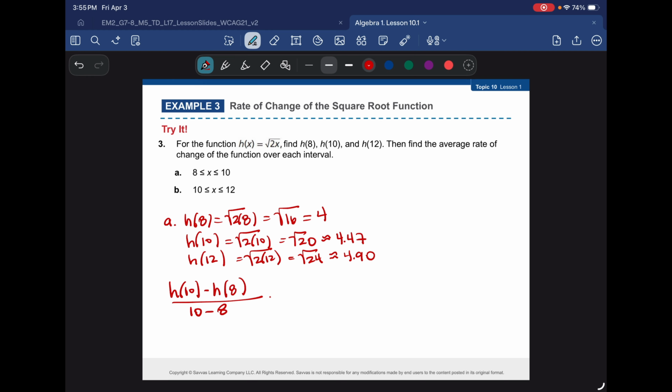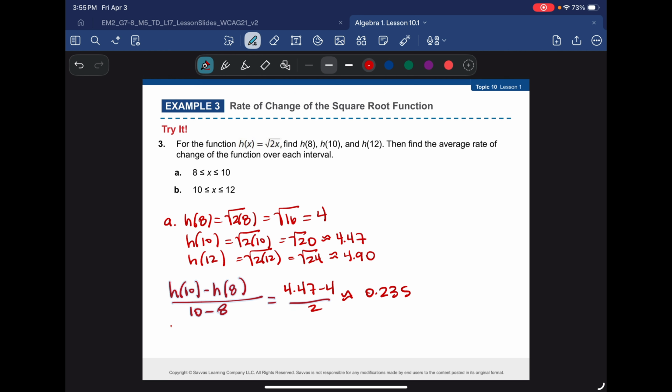Substitute the numbers, so 4.47 minus 4 over 2, and that average rate of change is approximately, or it might actually give me an actual number, 0.235. So there's our first average rate of change for the first interval, and then we're going to do the same thing for the interval from 10 to 12.